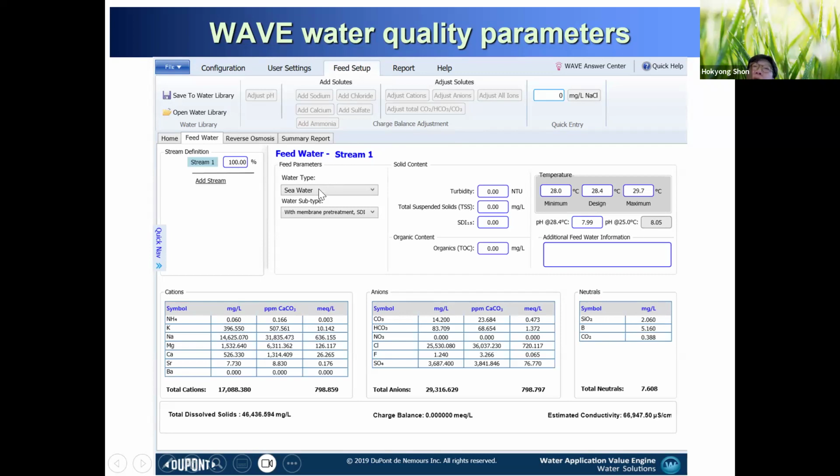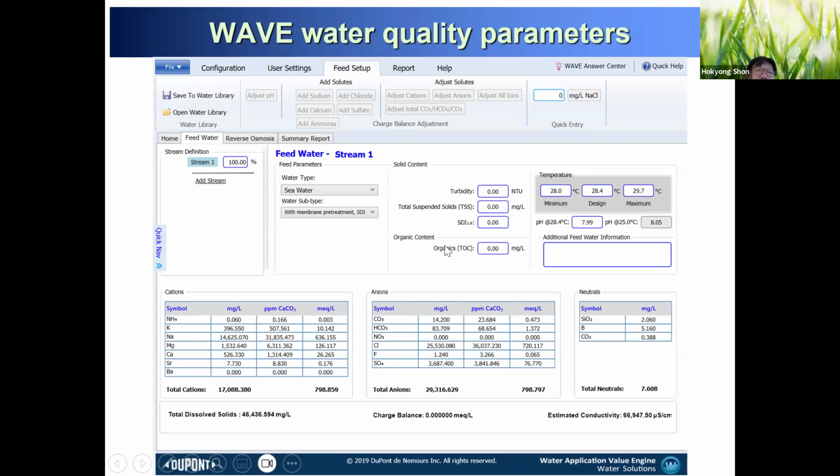Put in the water type, seawater, and the water subtype, which means what kind of pretreatment you will use. You may have two options: one is ultrafiltration, the other is pure media filtration, sand filtration. You can select one of them, so you have an option here, membrane or media filtration.